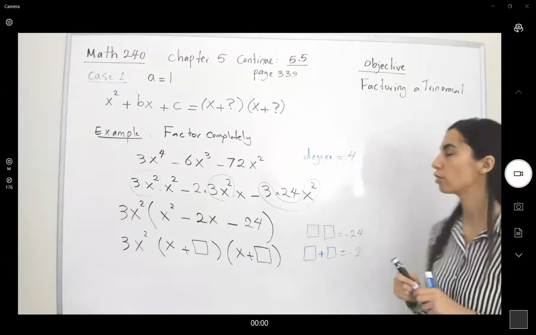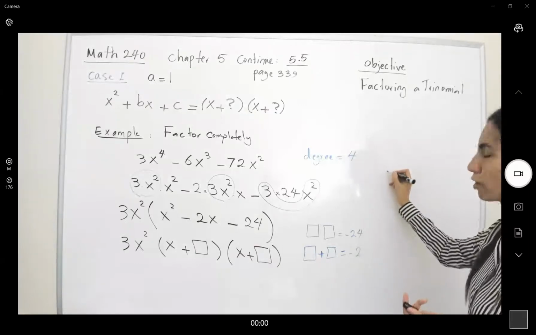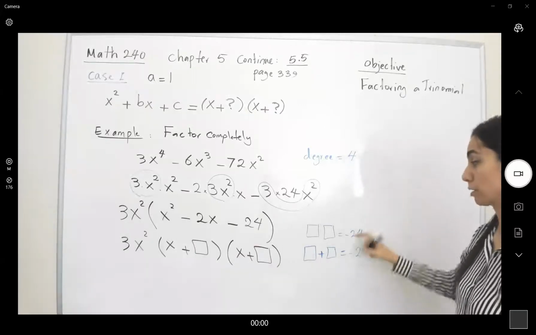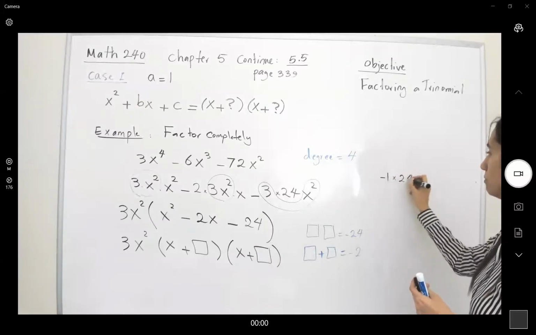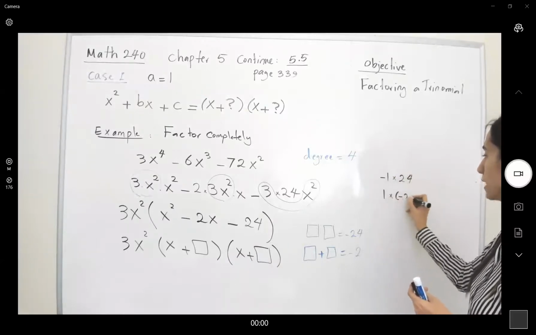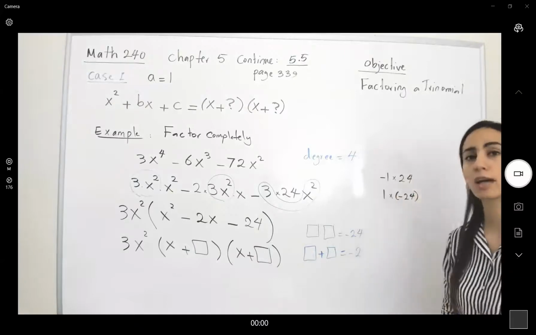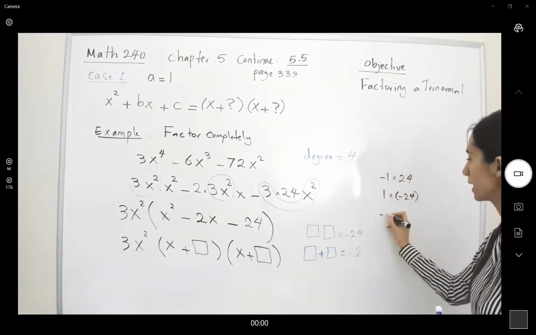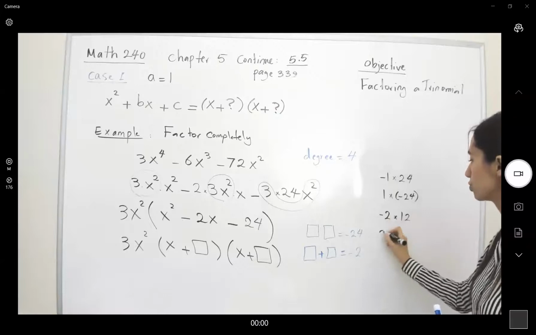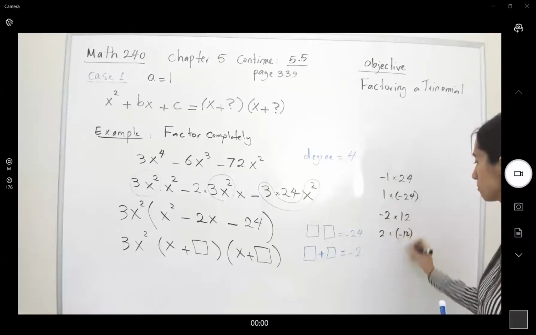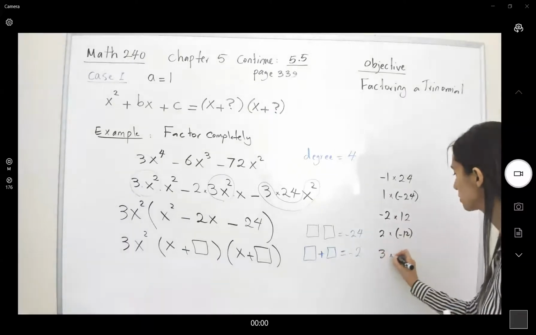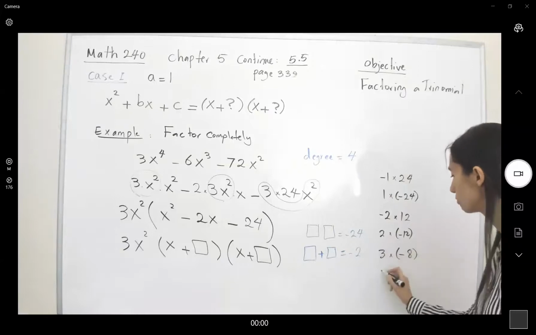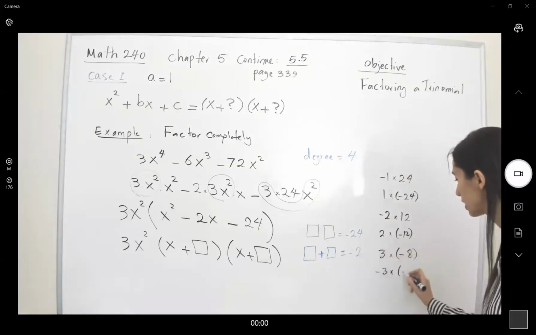You have 24. 24 is 1 times 24 or 24 times 1. Remember that one of them is negative, so -1 times 24 or 1 times -24. You also have 2 times 12, so -2 times 12 or 2 times -12. What else do we have? 3 and 8. 3 times -8 and -3 times 8.